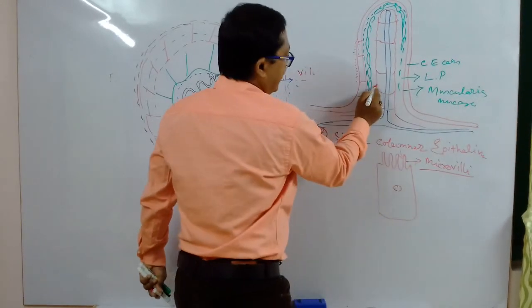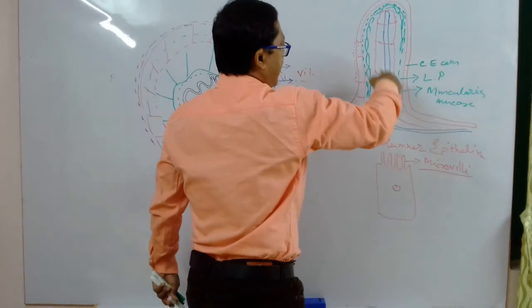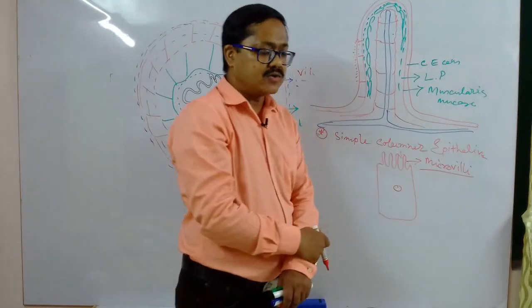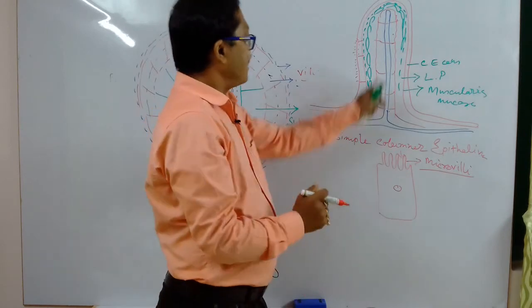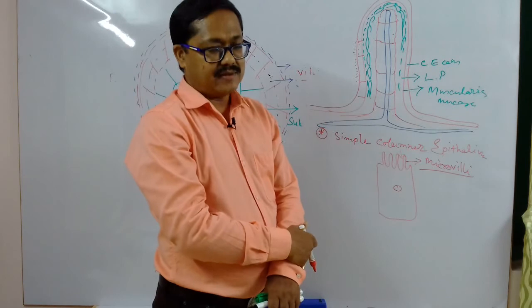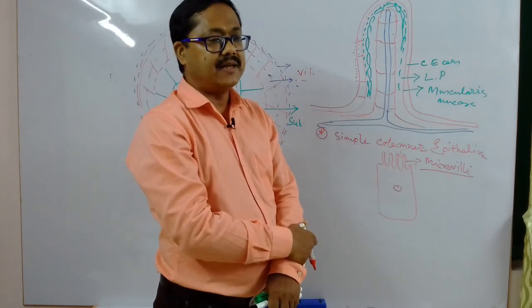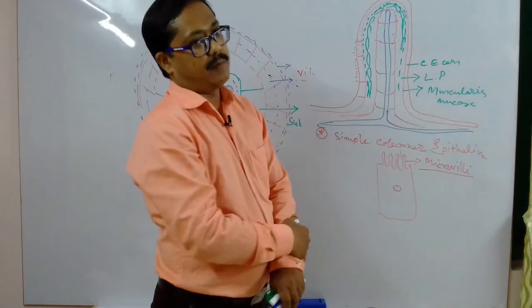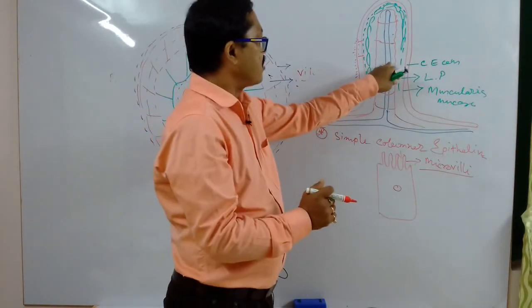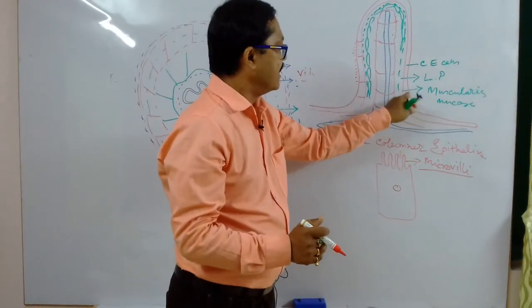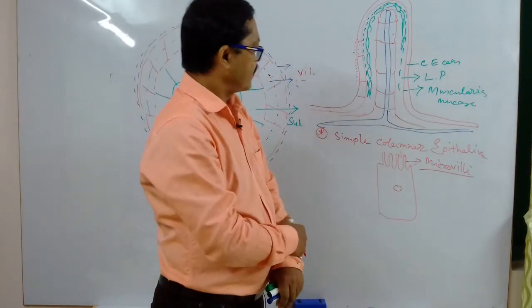The blood capillary absorbs glucose as well as amino acids, and within the lacteal, when we eat a huge amount of fatty meal, the fatty substance is absorbed in the form of chylomicron. The chylomicron is formed in the columnar epithelial cells, then enters the villi.